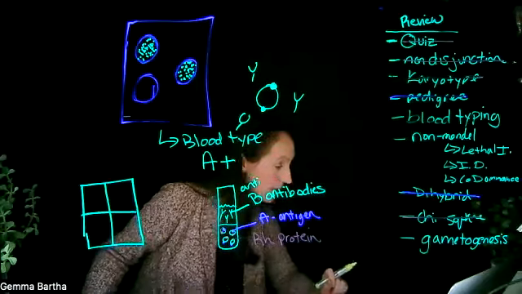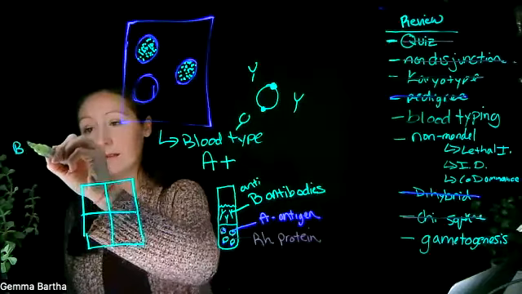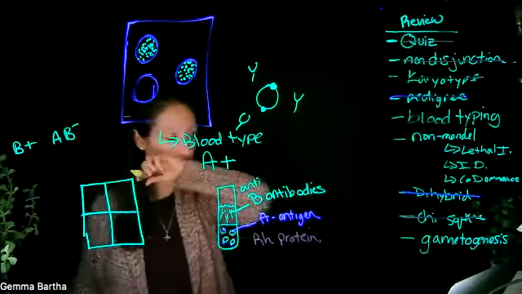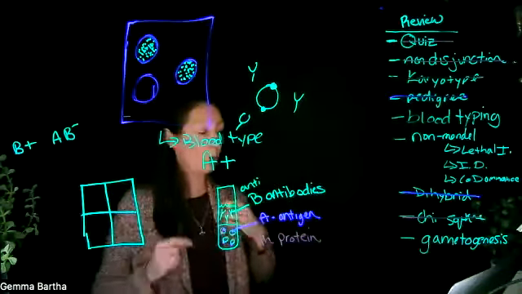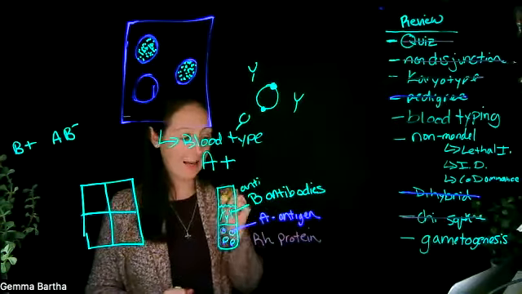B positive and AB negative. Okay. So we have B positive and AB negative. When they do blood type, you can do it however you want. They usually do little I's.